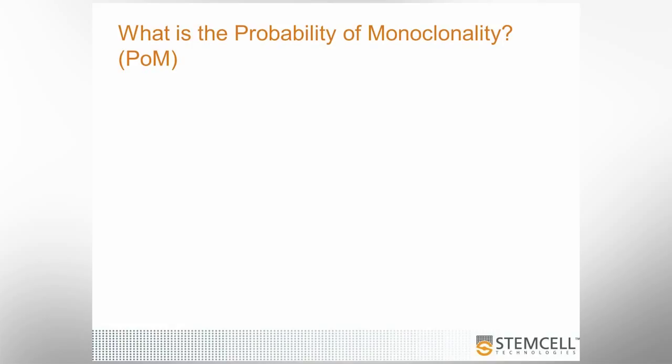So I've been throwing around the term probability of monoclonality a lot, so I just wanted to give a definition as well as a shortened version because that's quite long to write out and say all the time, so you might hear me refer to it as POM. But this is the probability that a culture of cells is made up of genetically identical cells, or that culture arose from proliferation of a single original cell.